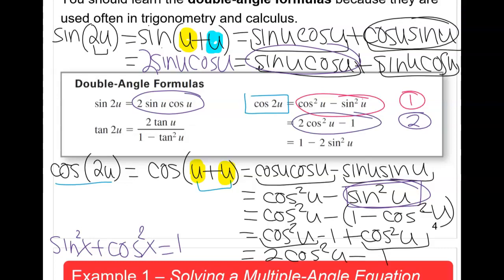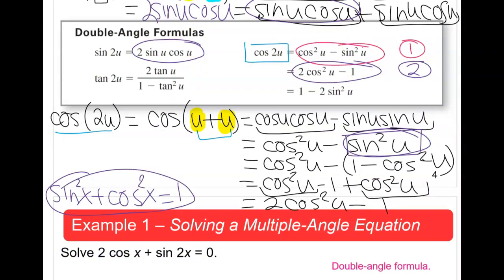Now to get the third one from the Pythagorean identity, let's switch this to u so there's no confusion. If I solve for cosine square u, that will be equal to 1 minus sine square u.